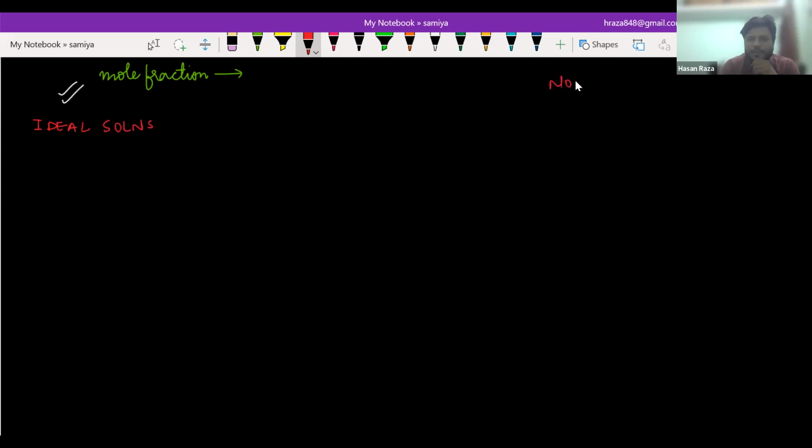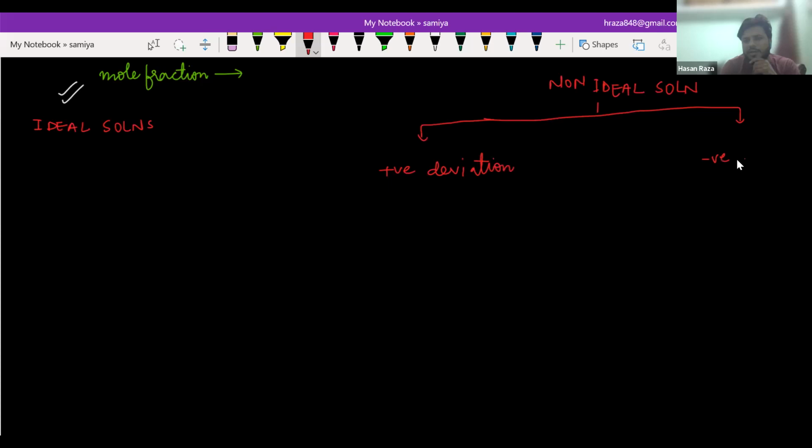And this is the non-ideal solution. There are two parts in non-ideal solution. The first is non-ideal solution showing positive deviation, and the second one is showing negative deviation.